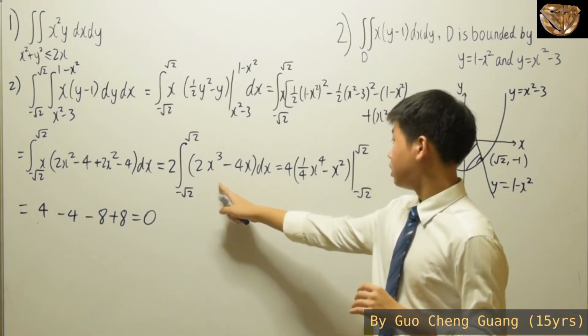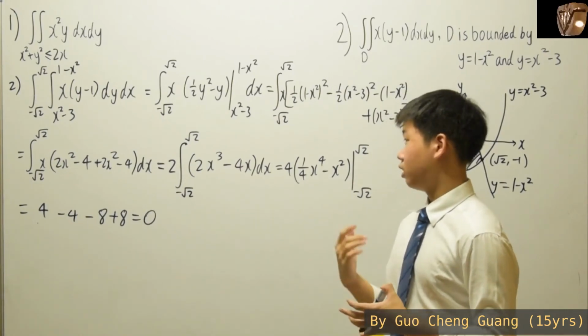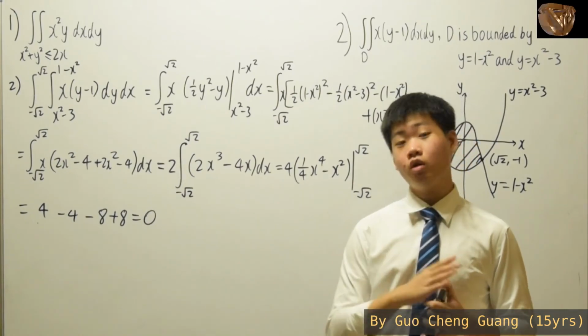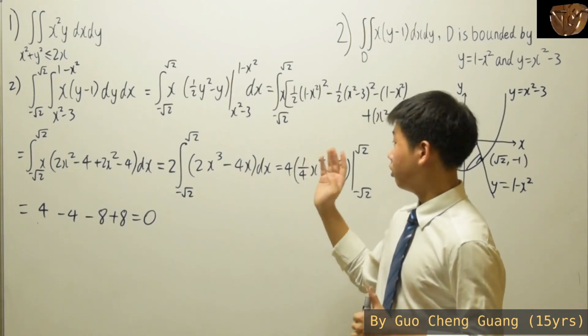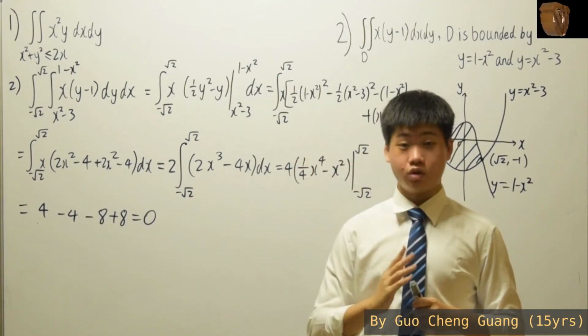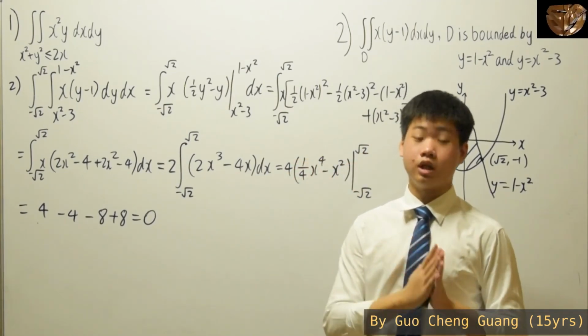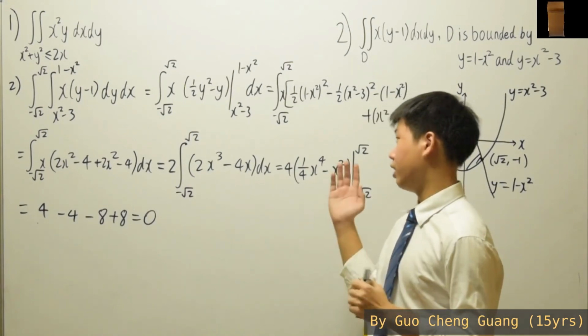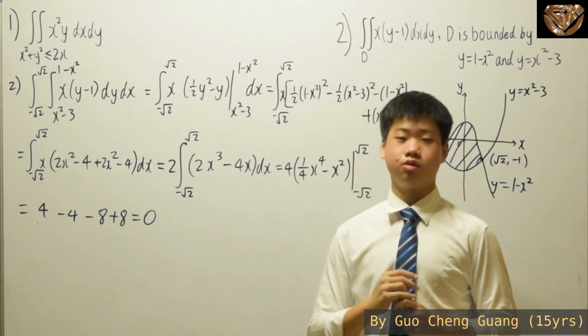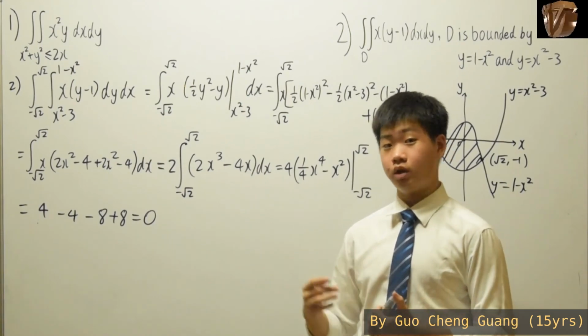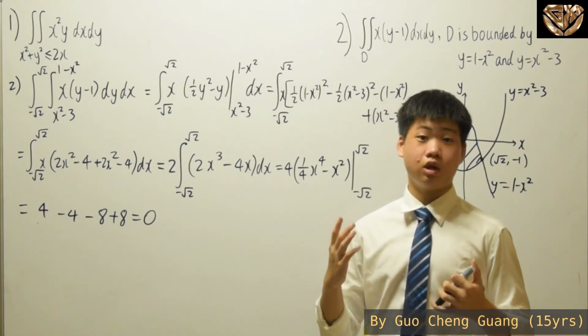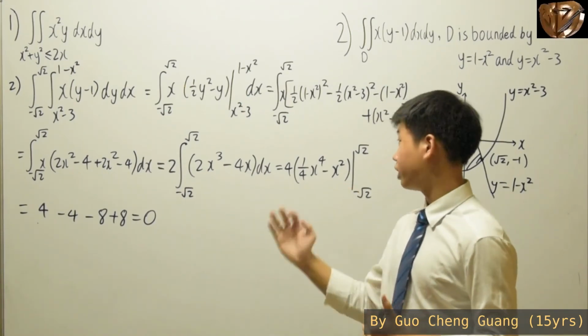So this here is an odd function. When you have an odd function and your boundaries are symmetrical, both sides will actually cancel out. Like you have a left side, to the left of the y-axis, and the right of the y-axis, the two sides would actually cancel out since it's an odd function.